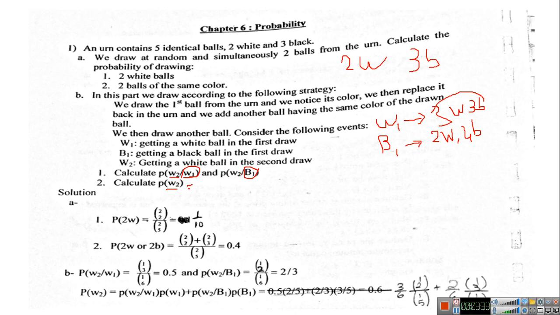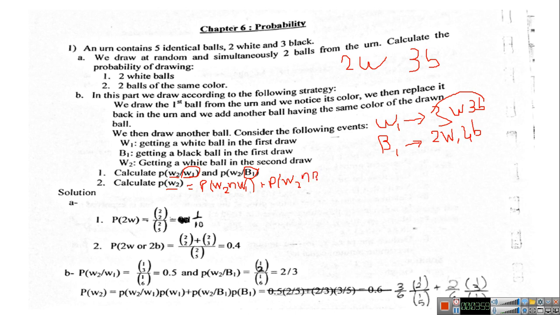So P of W2 is, by total probability, P of W2 intersecting W1 plus P of W2 intersecting B1, as I don't have other conditions.